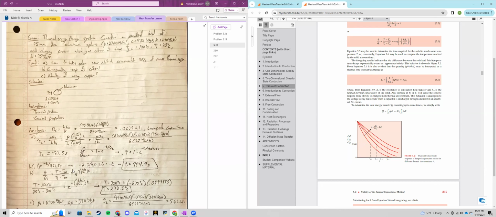So we could just plug in 1 over 427.5 seconds in the E. We also know that our ambient temperature, or the gases, are 300 degrees Celsius. We don't know what that temperature is right now. We know that we initially started at 25 degrees Celsius for those spheres, and then once again, the ambient temperature. And that's all equal to E to the negative 1 over 427.5 seconds times T.